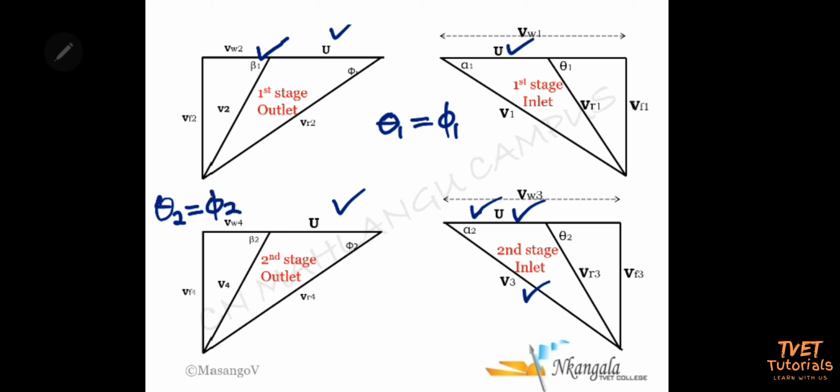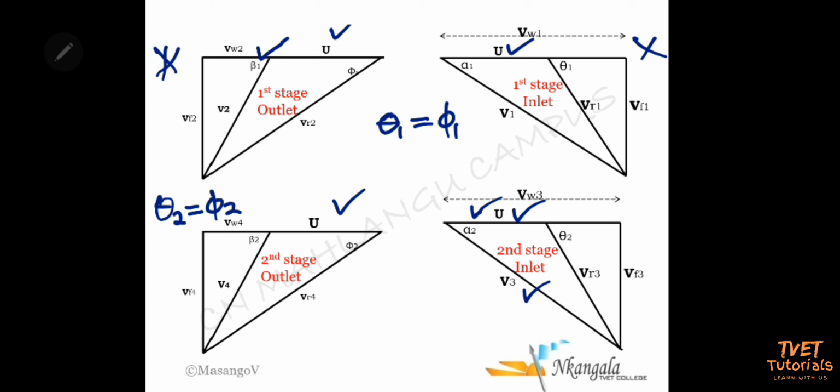So now where do we start? We start at the triangle with 3 data points. At the inlet of the first stage, we only have U, so there's not enough information yet for us to start. At the outlet of the first stage, we only have beta 1 and U, that is 2 data points, that's not enough.